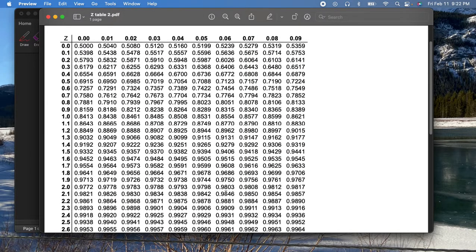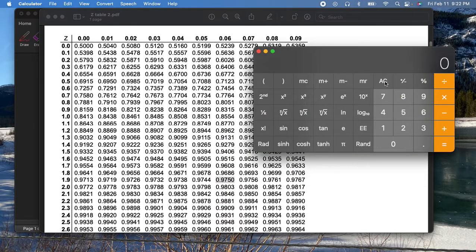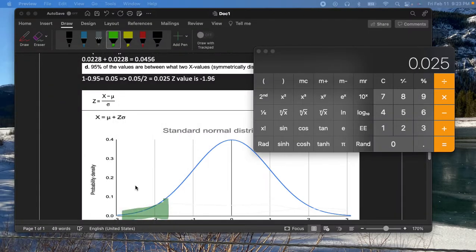Here's 1.96, and that gives us 0.9750. To double check, here's our calculator: 1 minus 0.9750 gives us 0.025, the value that we were looking for.